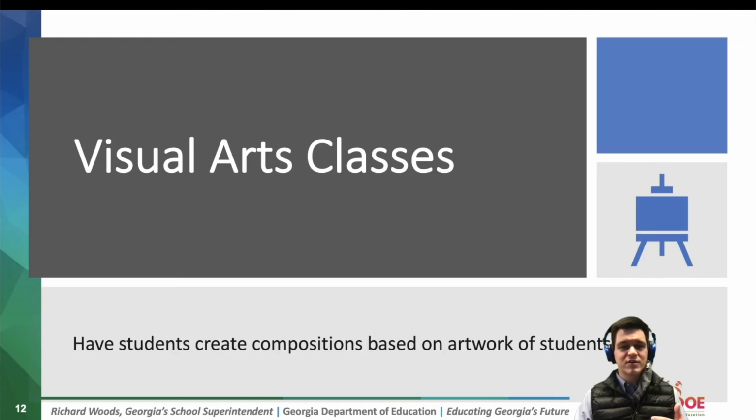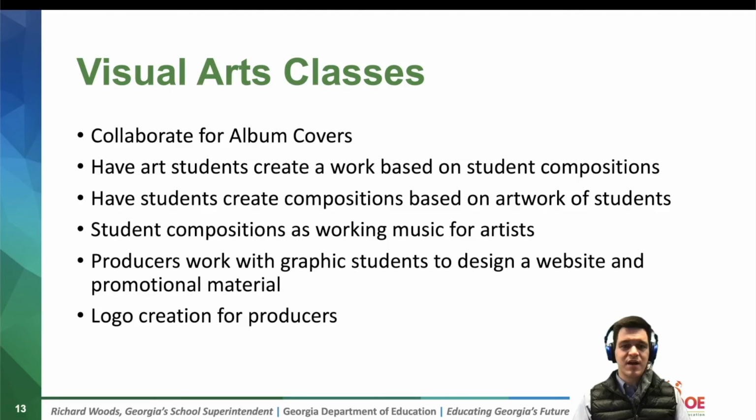But you could also reverse that and have the students create compositions based on a work of art by another student. Maybe you pair the 2 students up, and the visual artist creates a piece and the music tech person creates a song to go with it, and they kind of share their ideas in the end, what they were thinking about, what they were inspired about, create a neat pen pal type relationship there. All sorts of ways that you could take these different things.